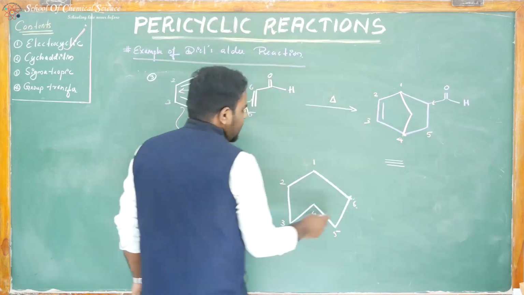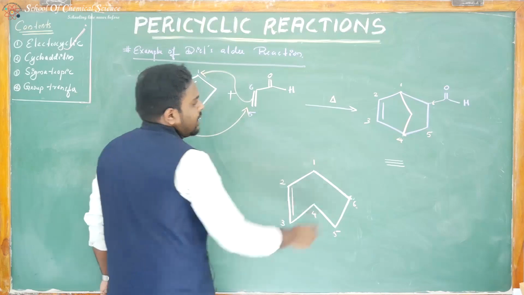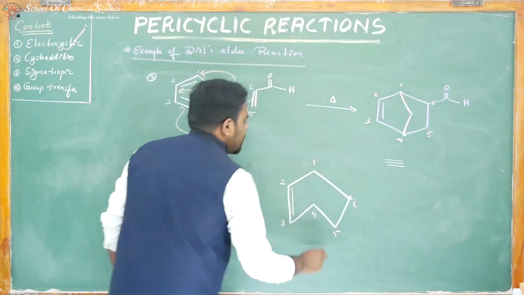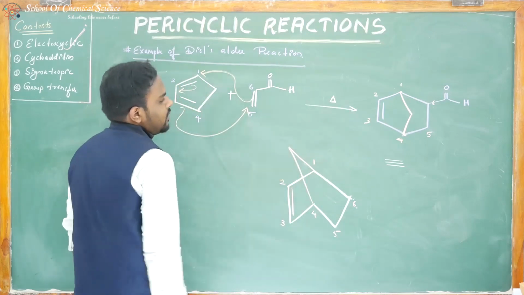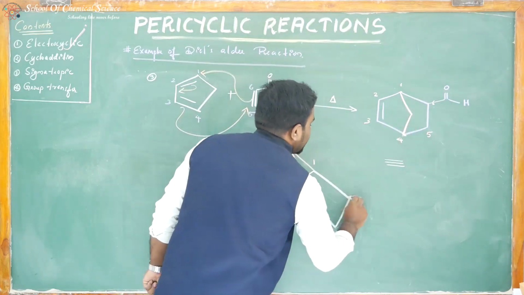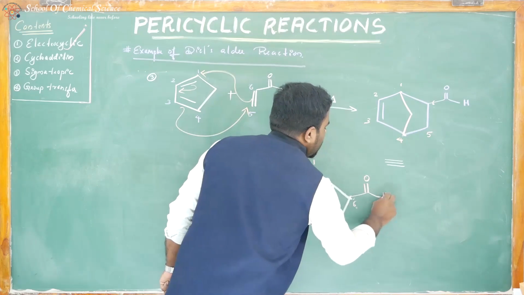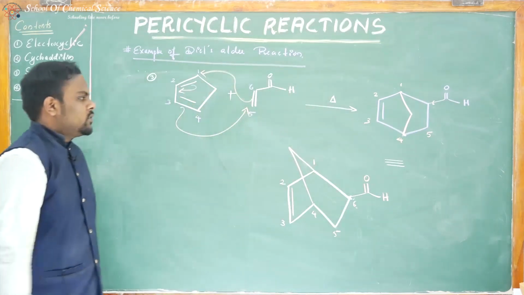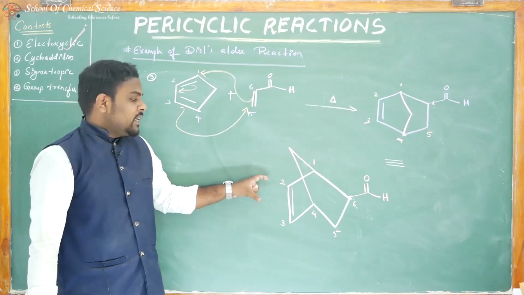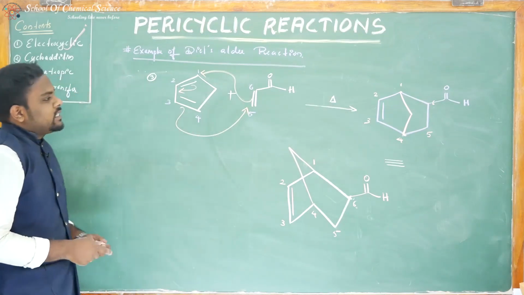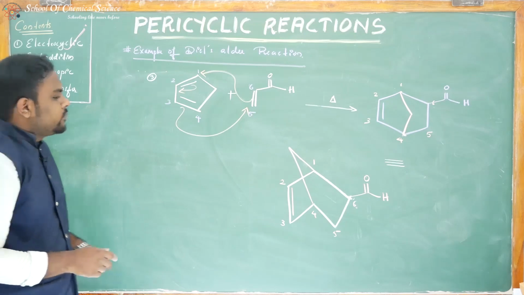Between 2 and 3 there is a pi bond. Between 1 and 4 a bridged carbon is present. This is the bridged carbon. At carbon number 6 there is a C double bond OH. This is the product. So the same product is represented in your question paper in this fashion. Okay, that is example 3.